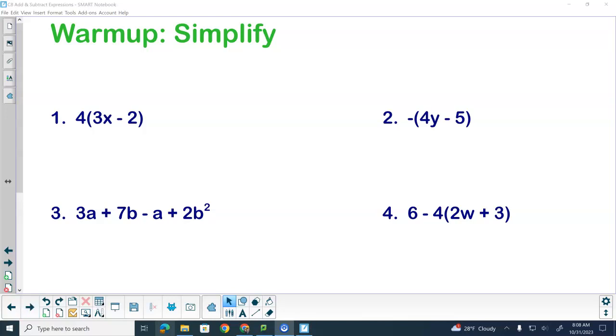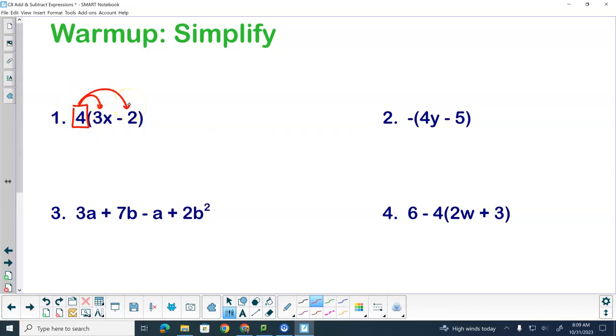What, in number 1, what is the term that we have to multiply into the parentheses? What is the term? Shout it out. What is the term that we have to multiply into the parentheses? The 4. 4 is what goes in. How many total terms inside the parentheses? 2. So we got to multiply it in twice.